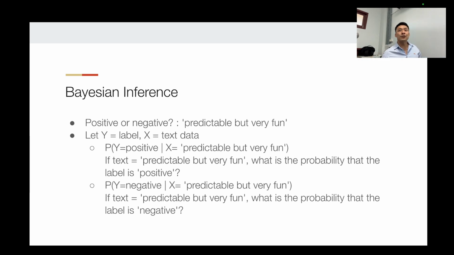So probability is great. The naive-Bayes model has its own way of computing this probability, and each model has its own way as well, but we always use probability here. And for negative as well, we ask the same question using this notation.